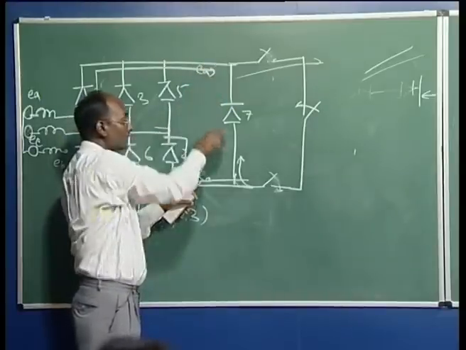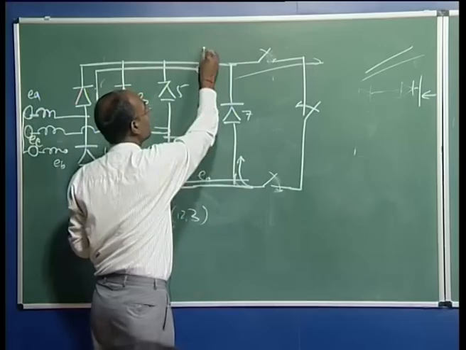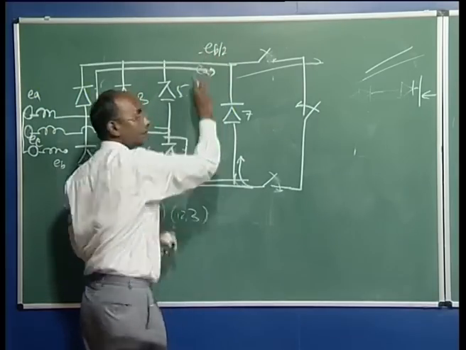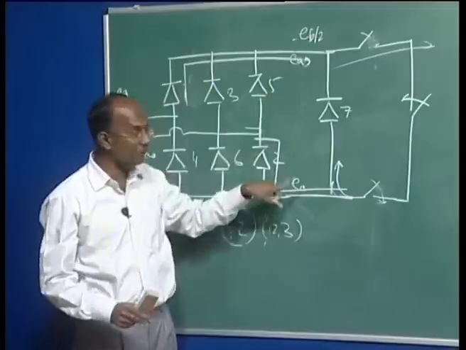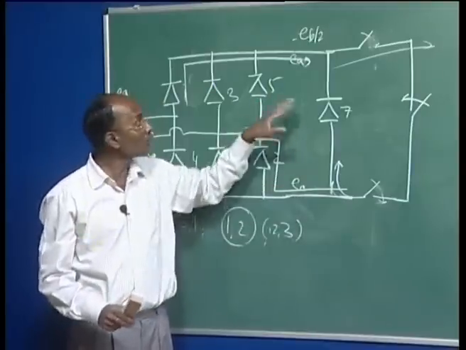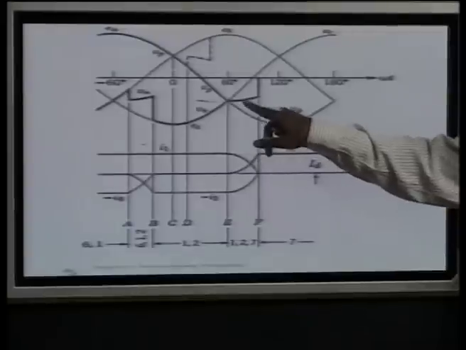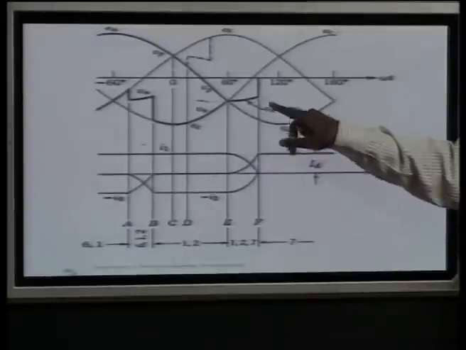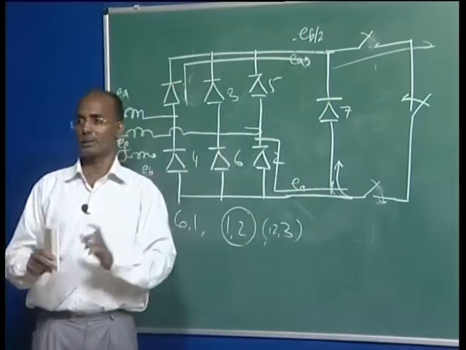This voltage here is nothing but the addition of these two voltages, it is your EB by 2 minus. We already proved here this voltage EA plus EC by 2 will be minus EB by 2. You can see this is here EB by 2 minus. And this will be the same, and that's why the output voltage is 0.